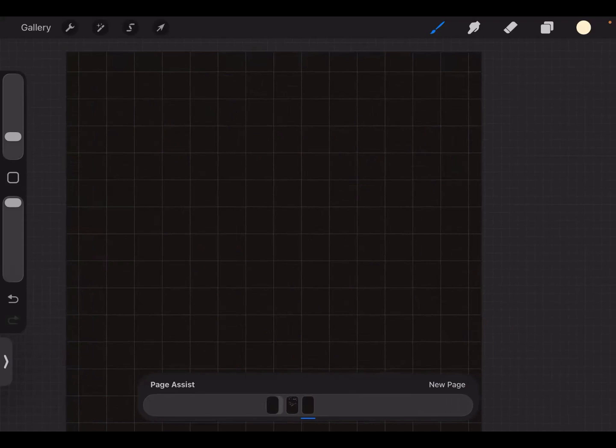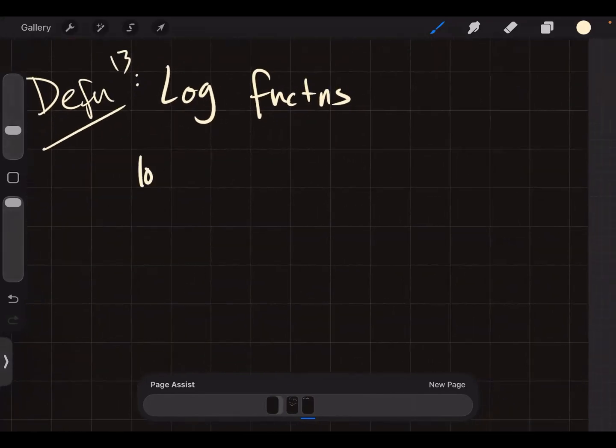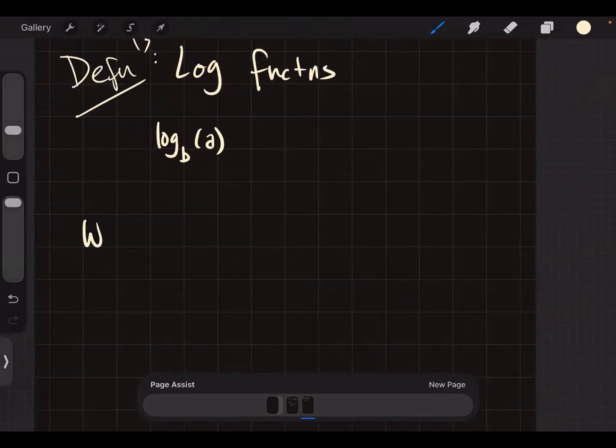The first thing we want to define, very loosely, this will be definition 13, is the form of a log function. Log functions are typically of the form log base B of A. What does this mean?